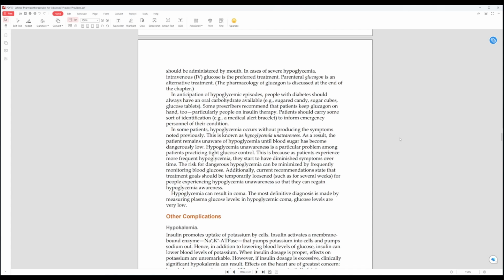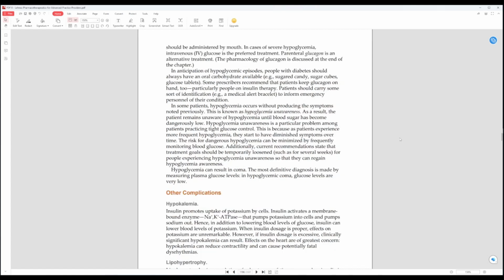They start to have diminished symptoms over time. The risk for dangerous hypoglycemia can be minimized by frequently monitoring blood glucose. Additionally, current recommendations state that treatment goals should be temporarily loosened, such as for several weeks, for people experiencing hypoglycemia unawareness so that they can regain hypoglycemia awareness.